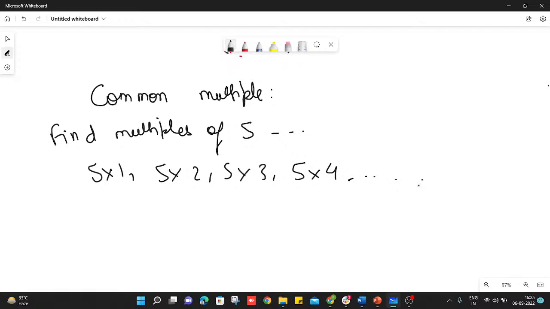All the resulting products will be multiples of 5: 5, 10, 15, 20, 25, and so on. Now let's discuss how to find the common multiple.